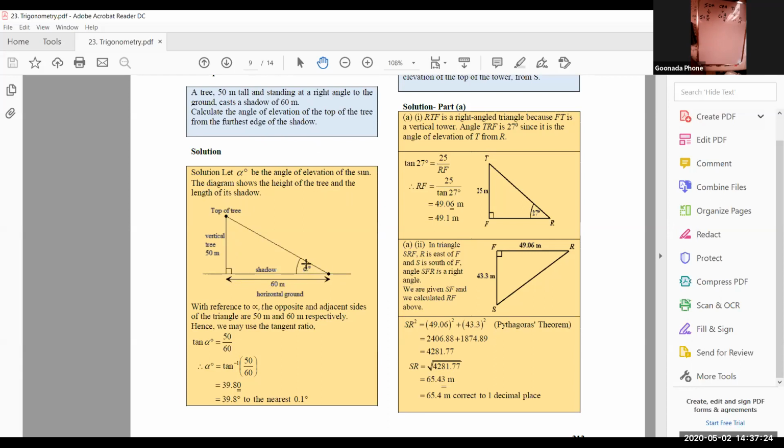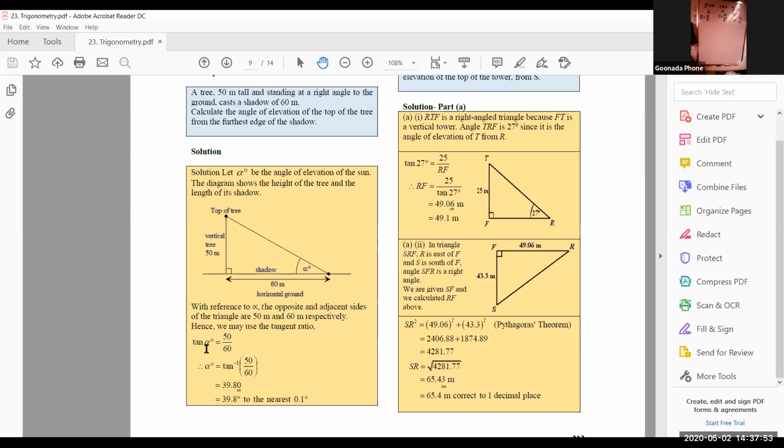Everybody good so far? Yes, sir. All right. So with reference to alpha, the opposite and adjacent sides of the triangle are 50 meters and 60 meters respectively. Since we are given the opposite and the adjacent, we know we are using tan. But we have to find the degrees.